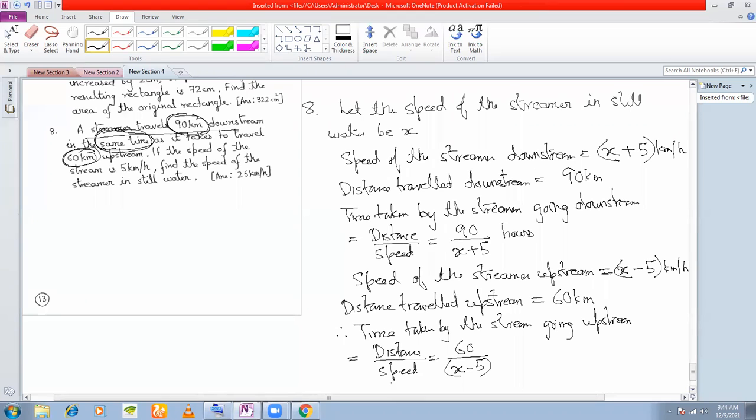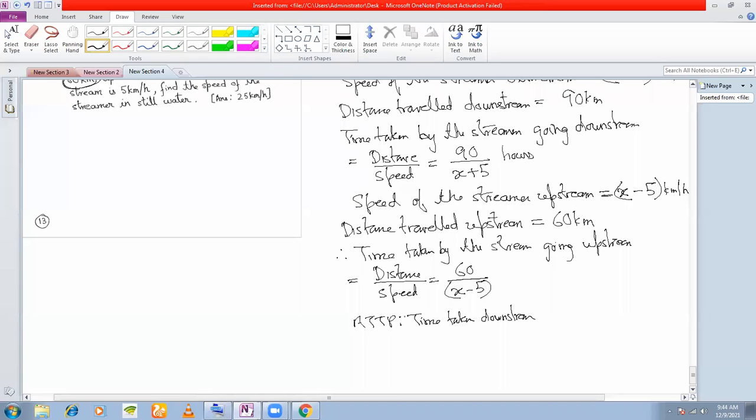So now, because the time taken is the same according to the problem, time taken downstream is equal to time taken upstream, right?